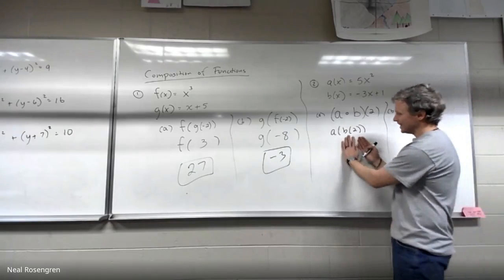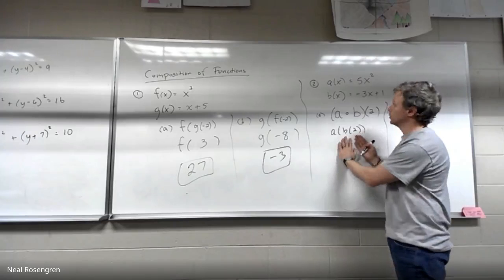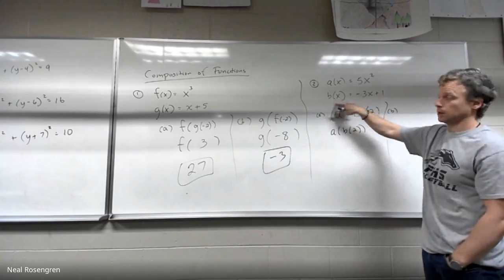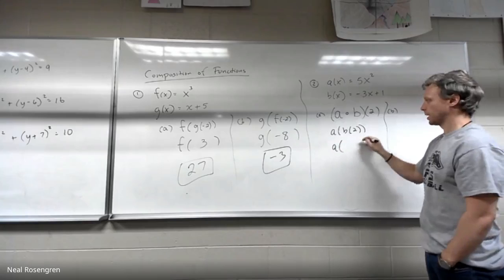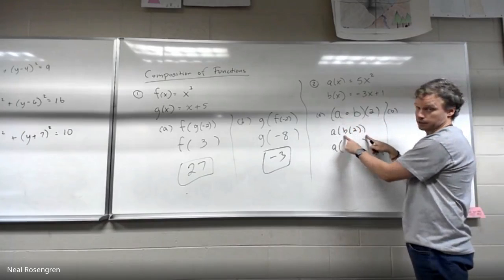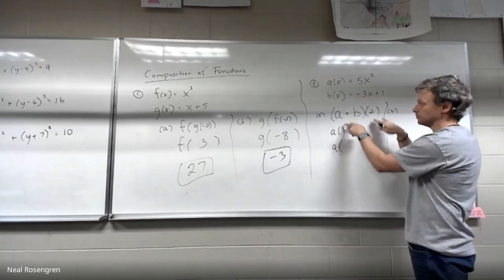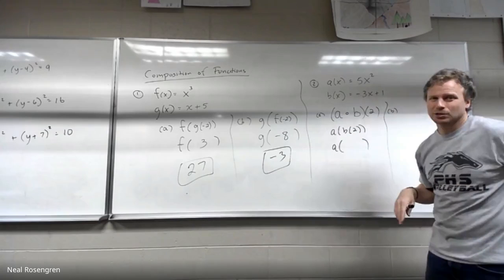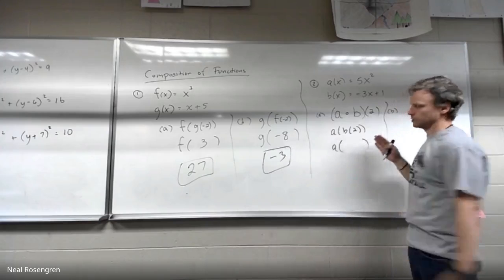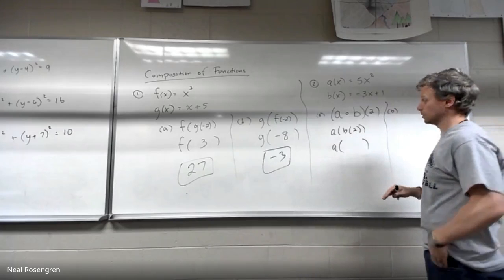Okay, and since the inside here is B of 2, that's what I want to do first. I want to take 2, drop it into B, see what I get. Okay, and I'll tell you, they're going to write it like this. They're not going to write it like this. It's kind of up to us to make that first leap down to a notation that looks just a little bit easier to deal with, because then having the inside of the parentheses allows me to kind of work in the direction I want to.